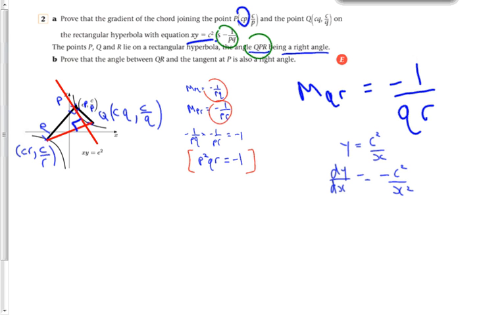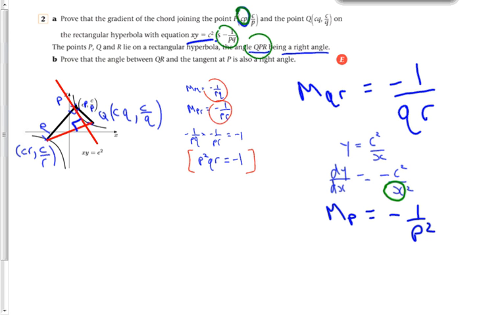If I substitute that in, the gradient of the tangent at P is minus 1 over p squared.